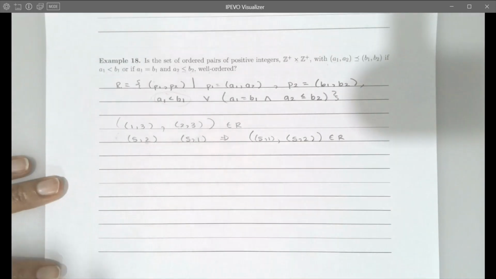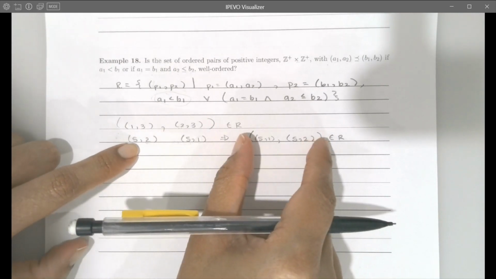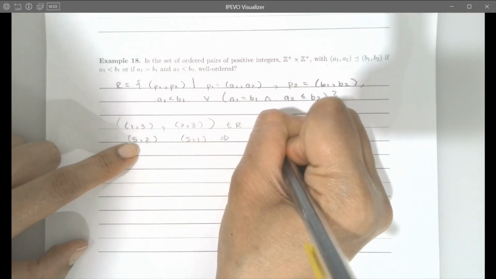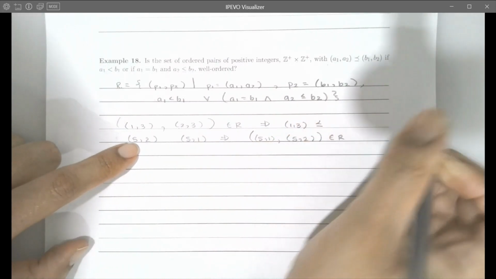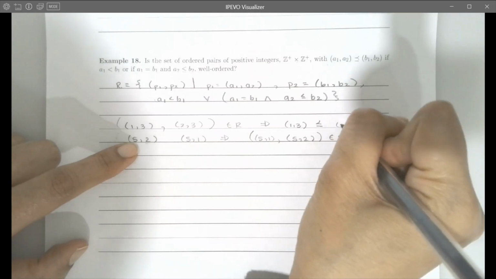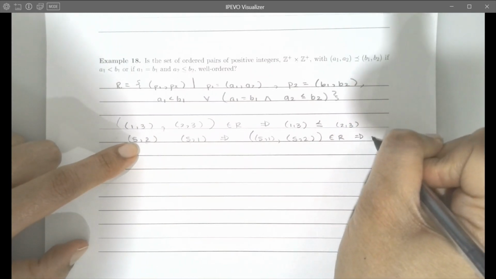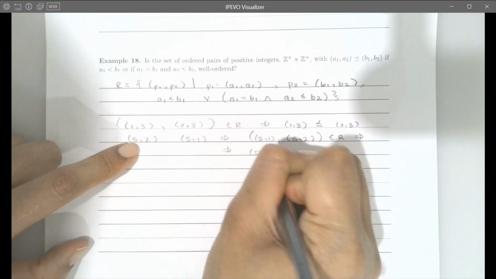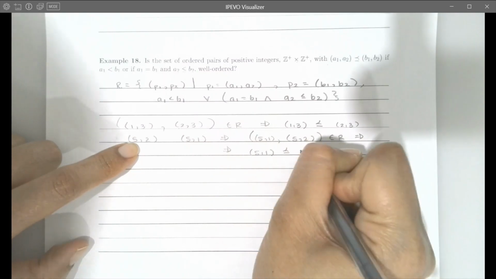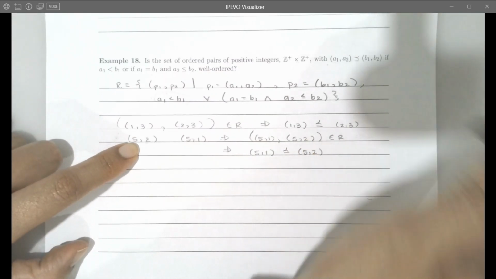Or to write it a bit more nicely so that we don't have ordered pairs within an ordered pair, we write it as 1, 3 takes precedence over 2, 3, and in this case 5, 1, I'll write it down here, 5, 1 takes precedence before 5, 2, or precedes 5, 2.